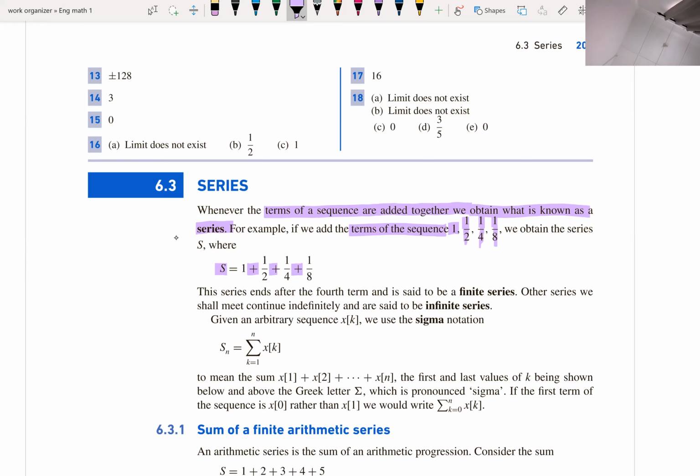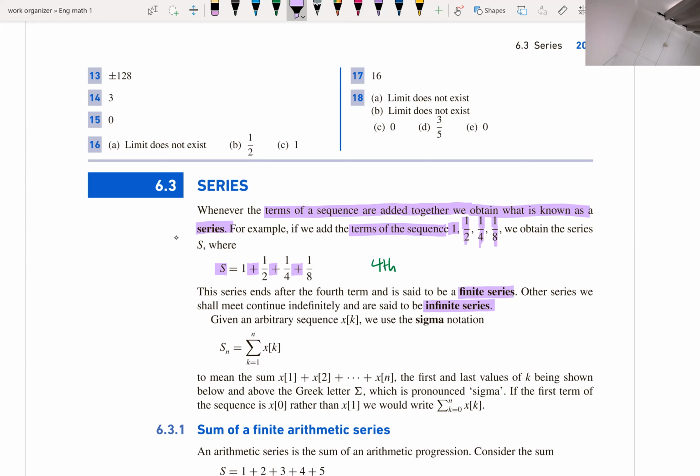In this case it stops at the fourth term, so this is a finite series. There can also be an infinite series.